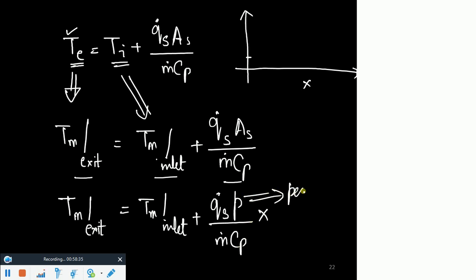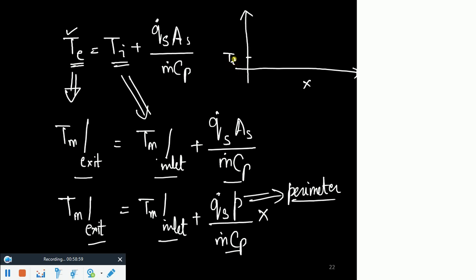So we can write this As as a product of P into x, and if you consider the total area, it would be P into L. Just see, does it look like an equation of a line, y equals mx plus c, where c is the intercept?